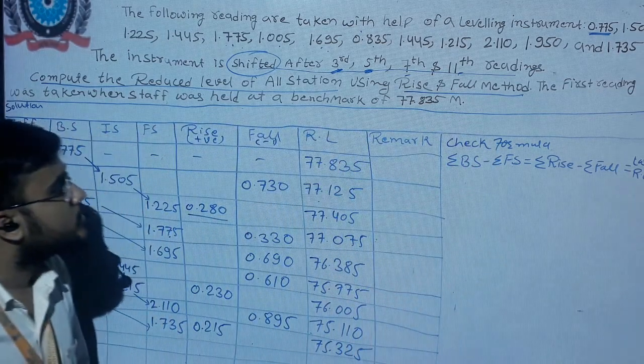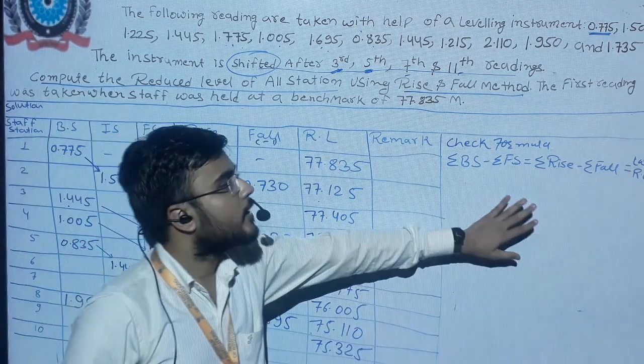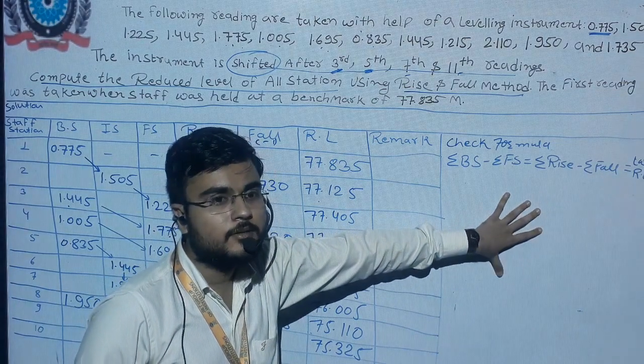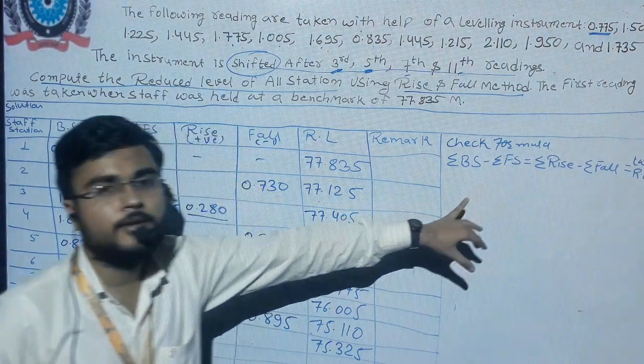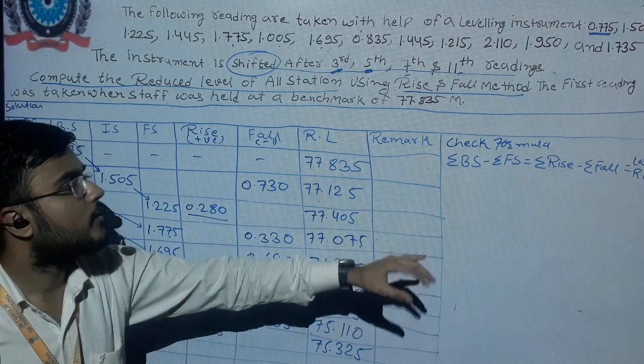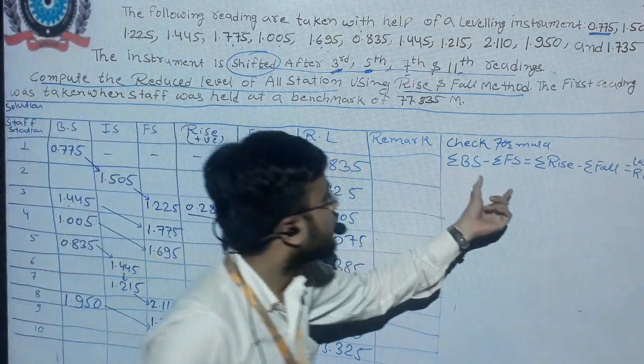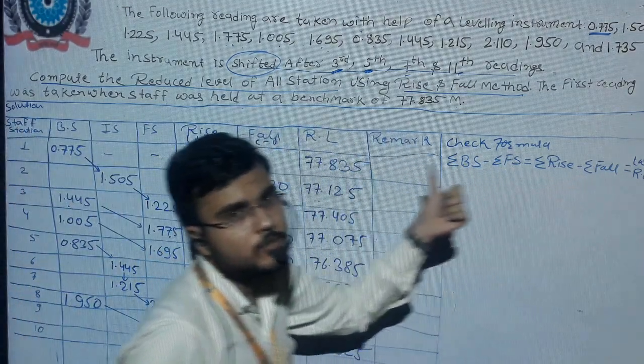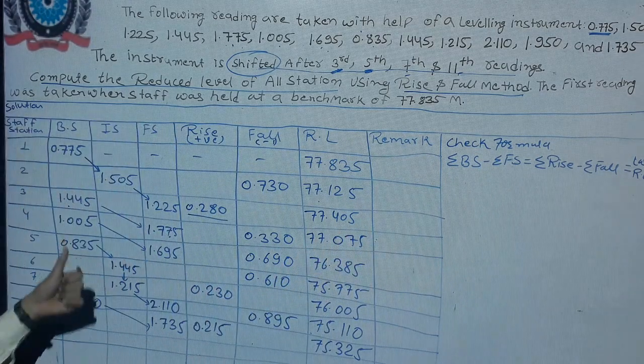Okay, this is the check formula. If you have completed your calculation, after that you have to apply the check formula. If the difference for the three terms is equal, then your calculation is correct.